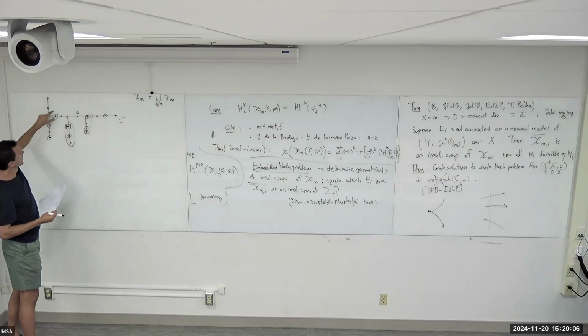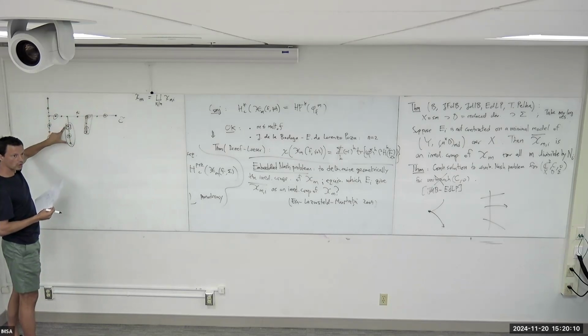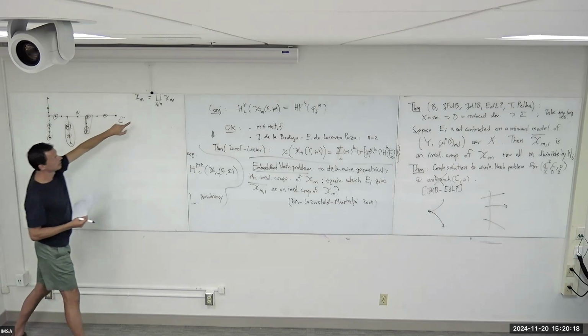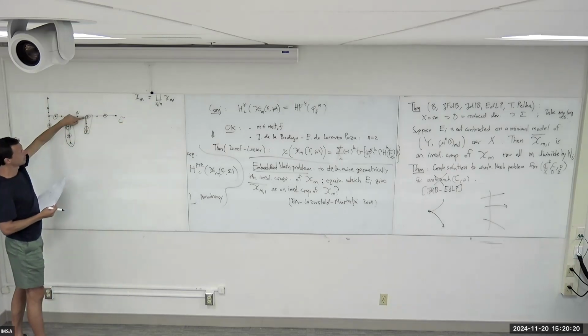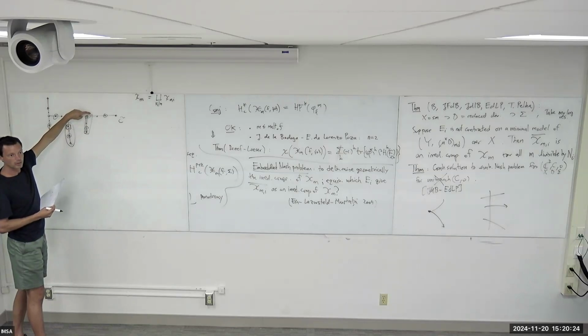For example, this one did not appear from anything up there. But it's only one component, and it's dominated by the vertex closest to the rupture component with Ni dividing m. It could be the rupture component itself, in which case you already knew that you had the component. But now you also know that these sit in the closure of that.